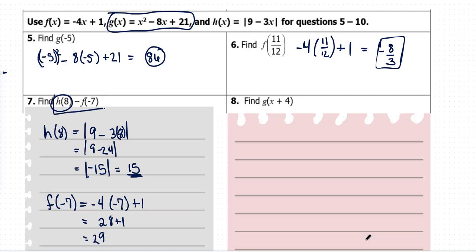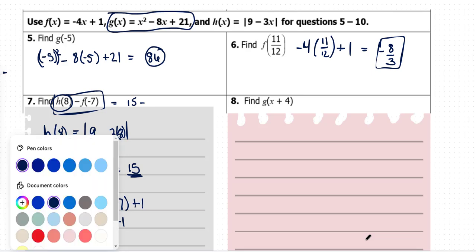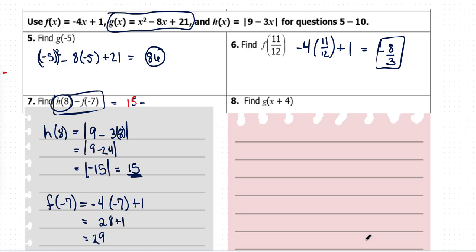We go back to the original, and it says h of 8, 15, minus, so let me change out colors so you can see where I'm going with this a little bit better. So 15 minus 29 is equal to a negative 14, and that's your answer.